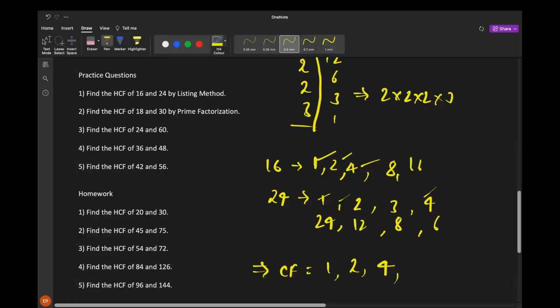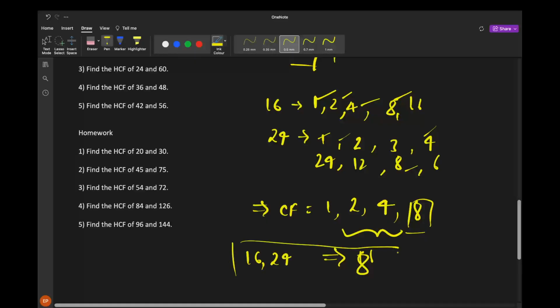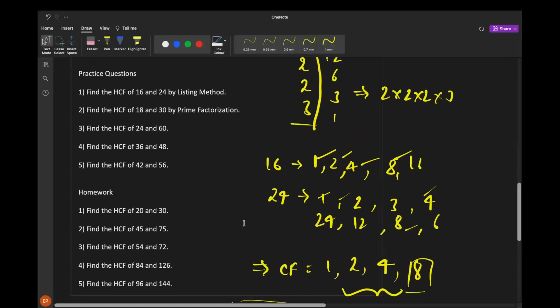What about 8? 8 is also there, 16 and 12, no. These are the common factors. In this, which one is the highest one? 8. So the answer is 8 only. HCF of 16 and 24 is 8 using listing method.